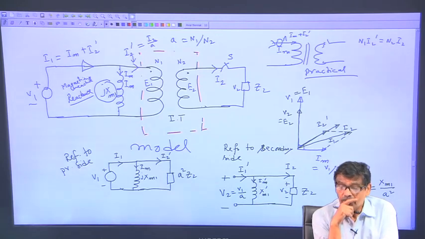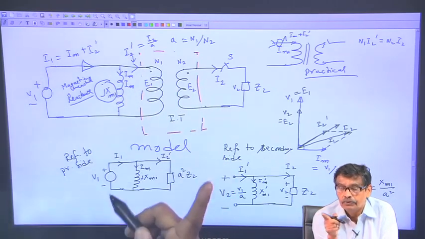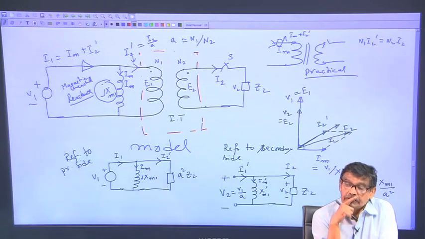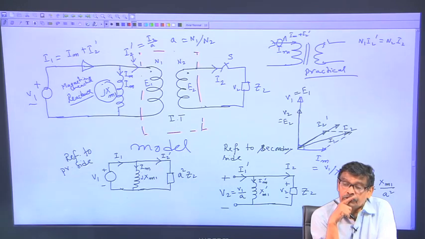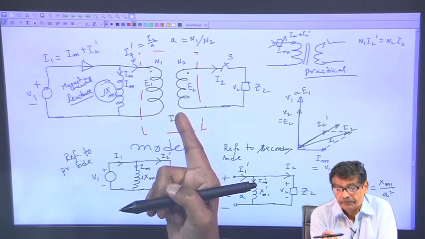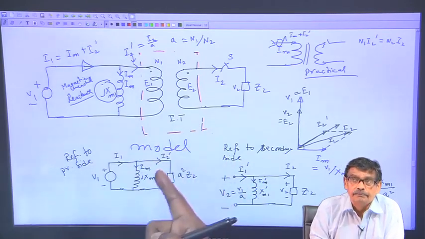So, now once again I will add some parameters to this circuit, that is R 1 R 2 in appropriate place, that is very important, so that the effect of R 1 and R 2 will be addressed by this model.